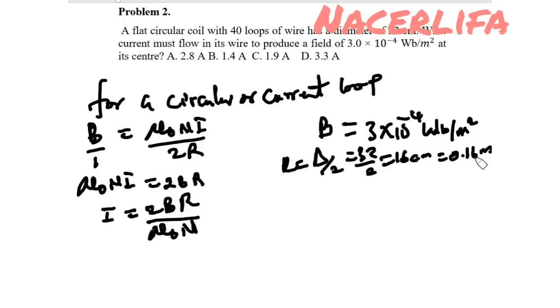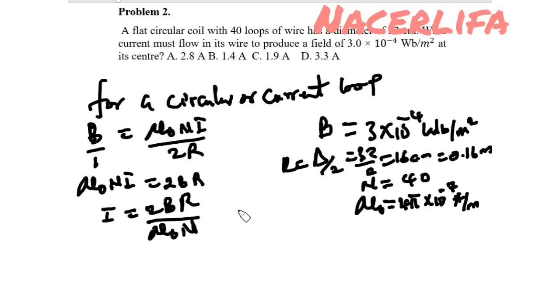All right. So going further now, of course, we know that N is 40. And mu naught is the permeability of free space. You have 4 pi times 10 to the power minus 7 Henry per meter.